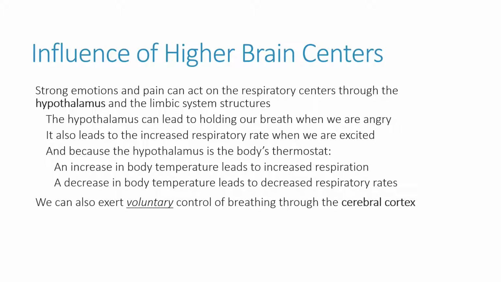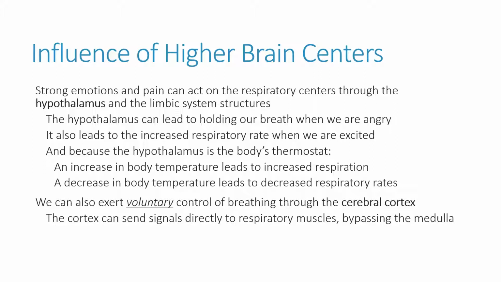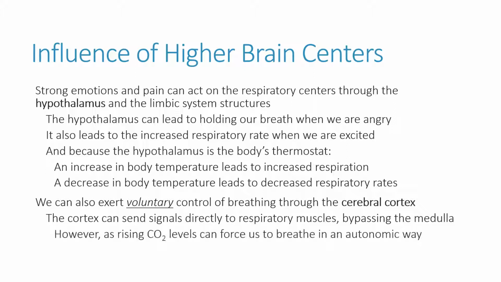We can also exert a voluntary kind of control over our breathing patterns. Much of what we've discussed so far, the VRG and the DRG of the medulla, the concentrations of chemicals in our blood, have all been autonomic kinds of responses. But we can exert a voluntary kind of control through the cerebral cortex. The cerebral cortex can send signals directly to respiratory muscles, bypassing the medulla altogether.